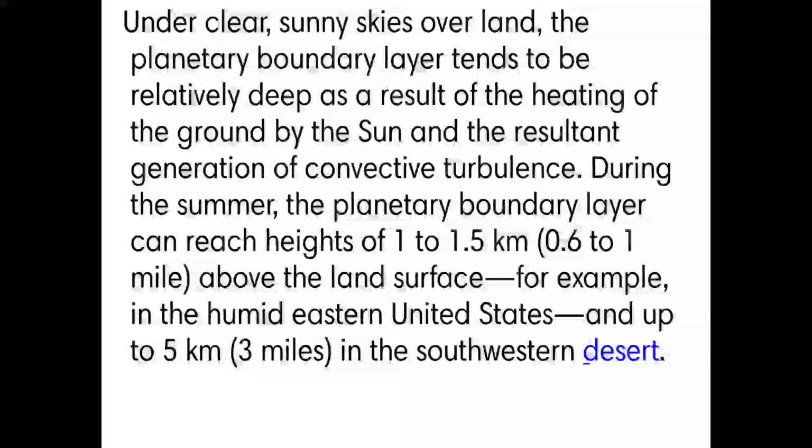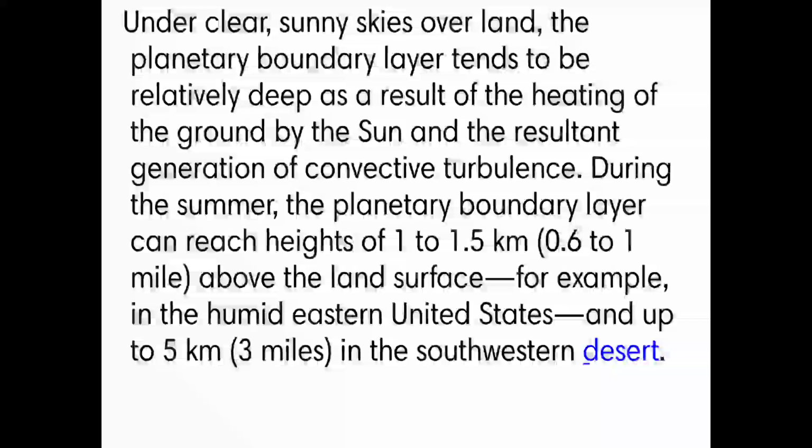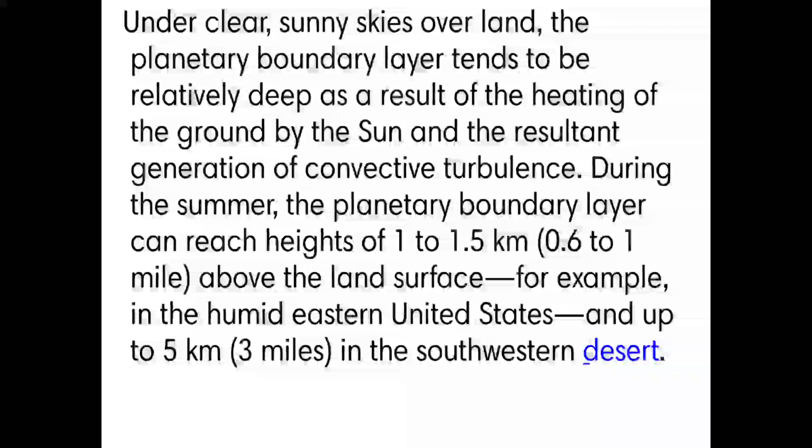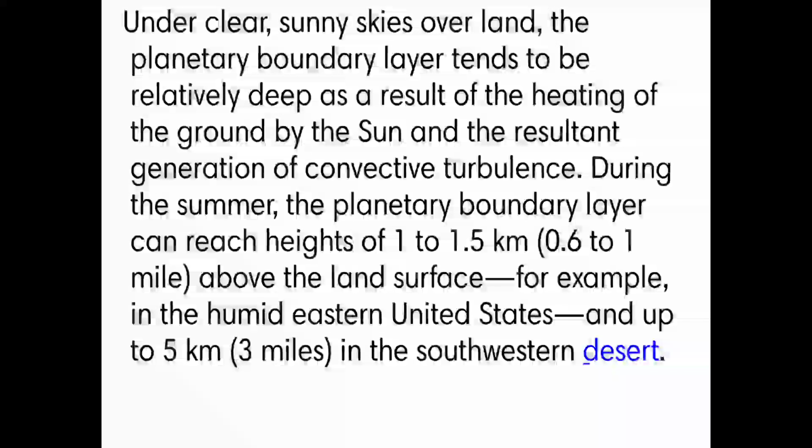During the summer, the planetary boundary layer can reach heights of 1 to 1.5 kilometers, 0.6 to 1 mile, above the land surface, for example in the humid eastern United States, and up to 5 kilometers, 3 miles, in the southwestern desert.